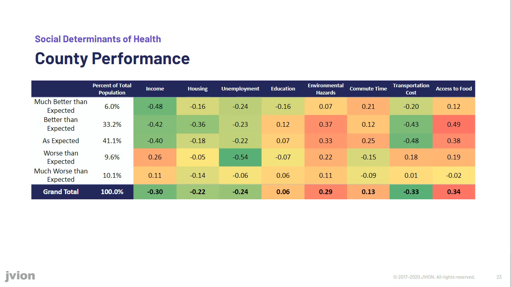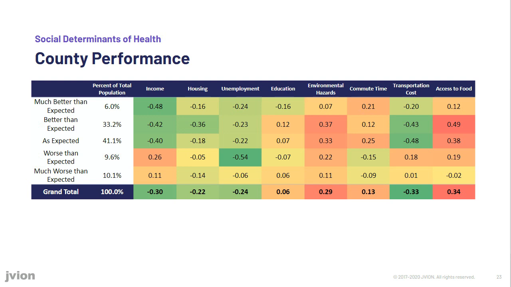You can see that for income, those that are doing worse than expected, income was a risk. You can also see that transportation costs were a risk for the counties that were doing worse than expected. You can also see across the state, food access was an issue and was not necessarily driving over or underperformance, but was a challenge across the state.